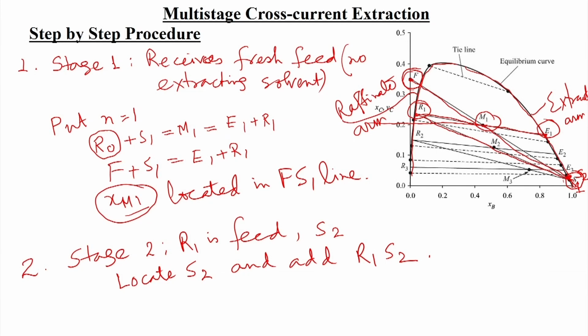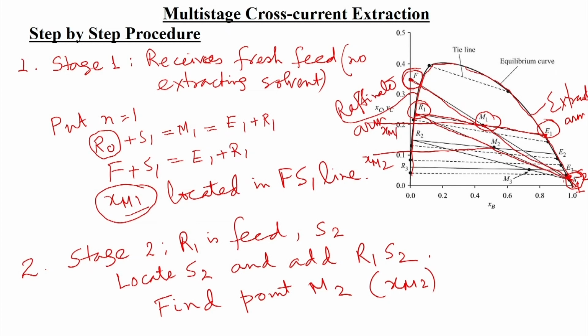So, in between R1 and S2 we need to find the point M2, from XM2, that is from the component balance equation we will be getting M2. That XM2 is actually like XM1.